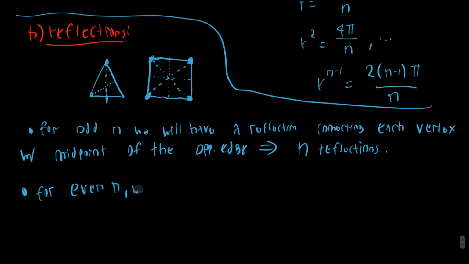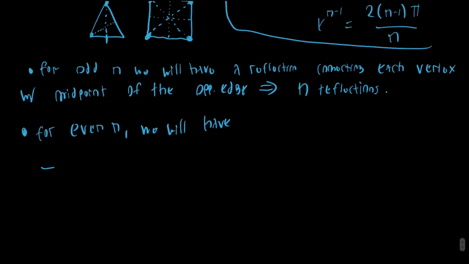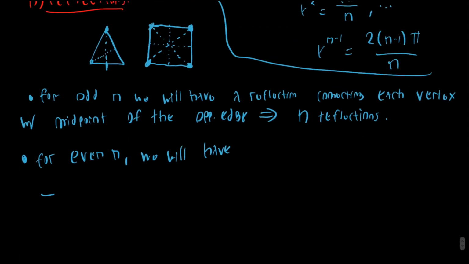Think about it. How many lines are there that will connect opposite vertices? On an n-gon, there will be n over 2 such lines. So we will have n over 2 distinct reflections that connect opposite vertices.